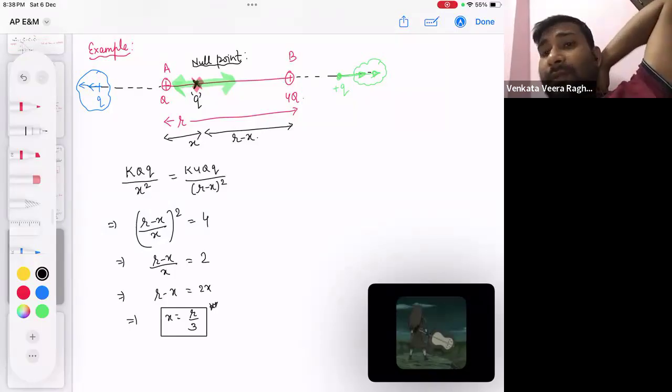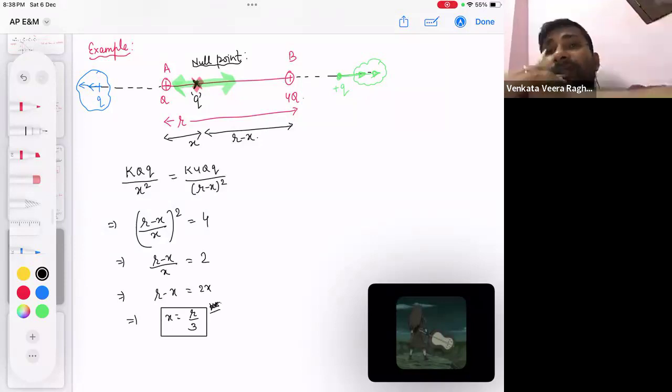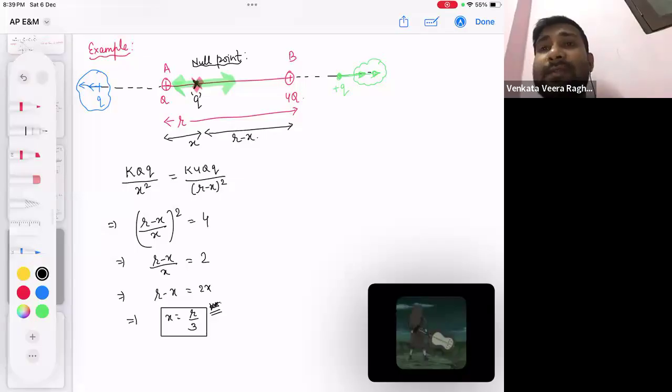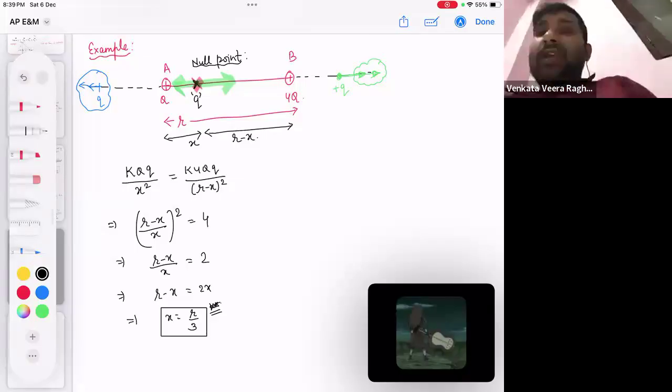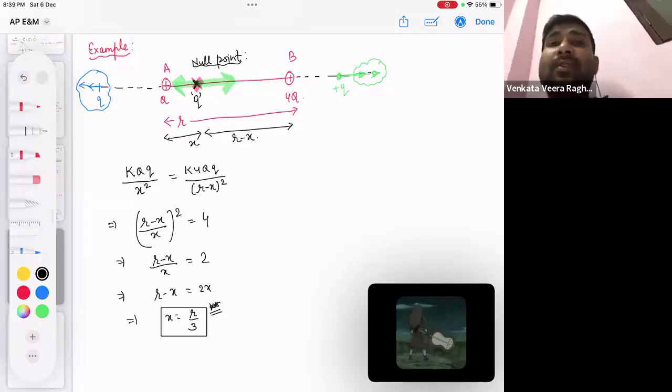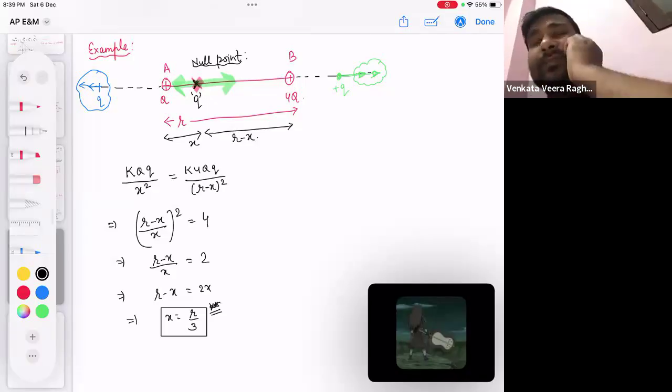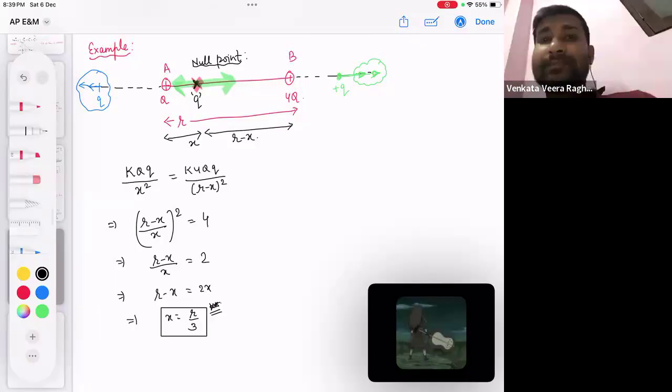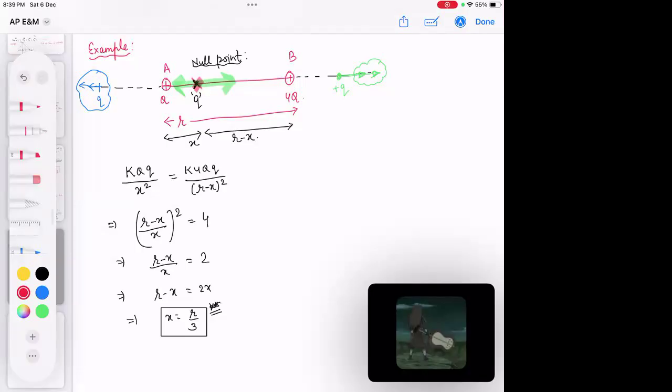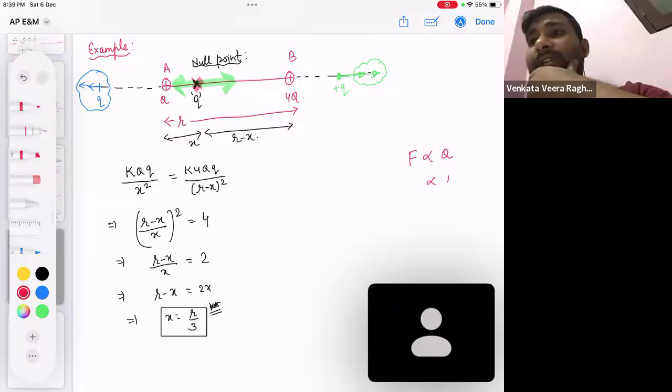So this is what we got mathematically, that it should be near to the charge A. Now let's think logically why I said it will be near to the charge A. Out of A and B, who is the smaller magnitude charge? A. And you know, force is proportional to charge and inversely proportional to distance square.